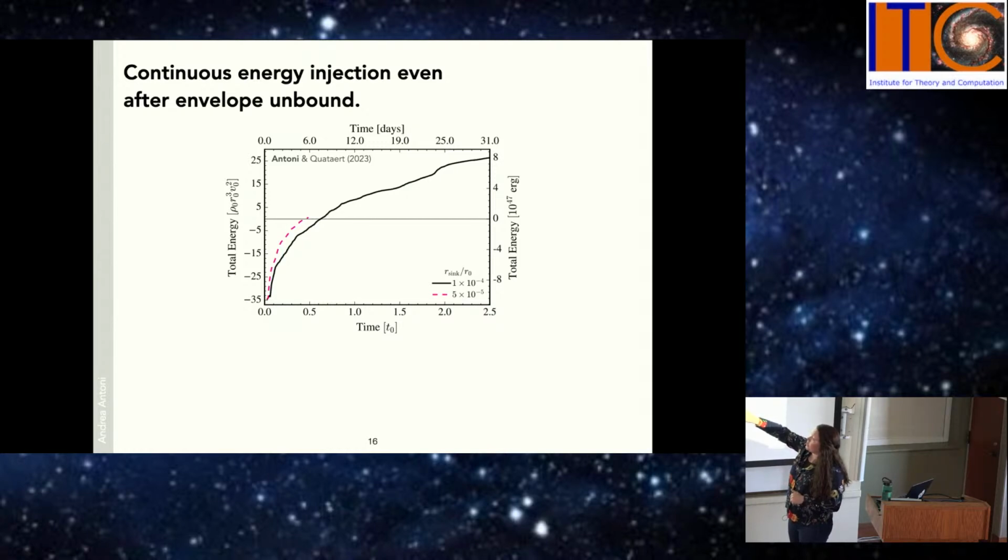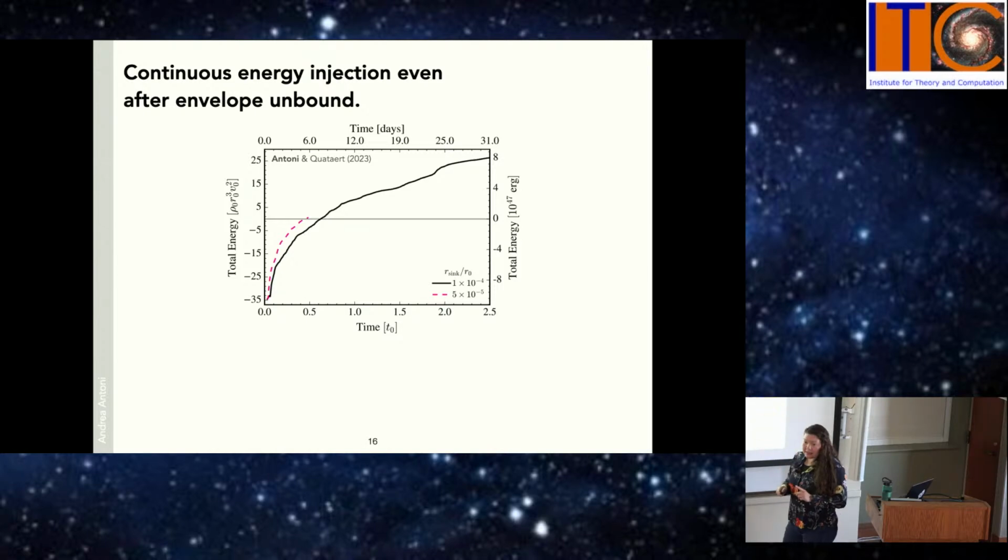I launch the outflow, and so I'm feeding this energy into this outflow. And so eventually my total energy basically increases monotonically over time. And critically, once I cross 0, that is formally the envelope is completely unbound, this curve doesn't even care, and it just keeps going, increasing monotonically.